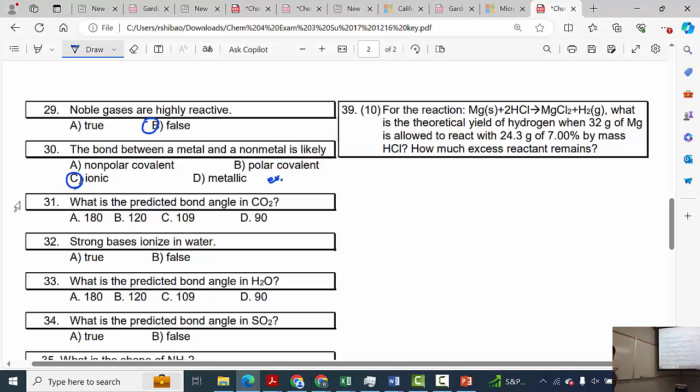Sodium chloride is polar covalent. No. Ionic. An example would be sodium chloride, which forms an ionic lattice. Sodium chloride consists of the sodium ion and the chloride ion.